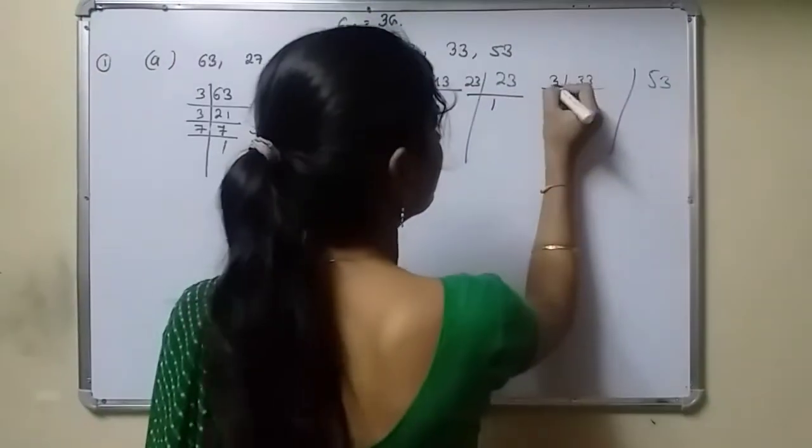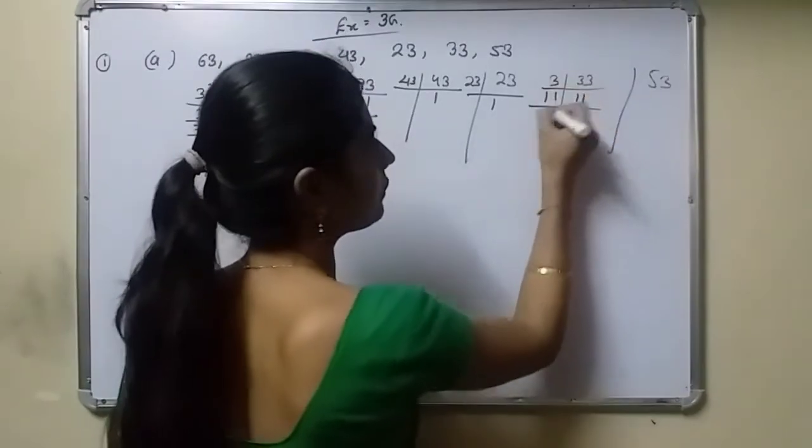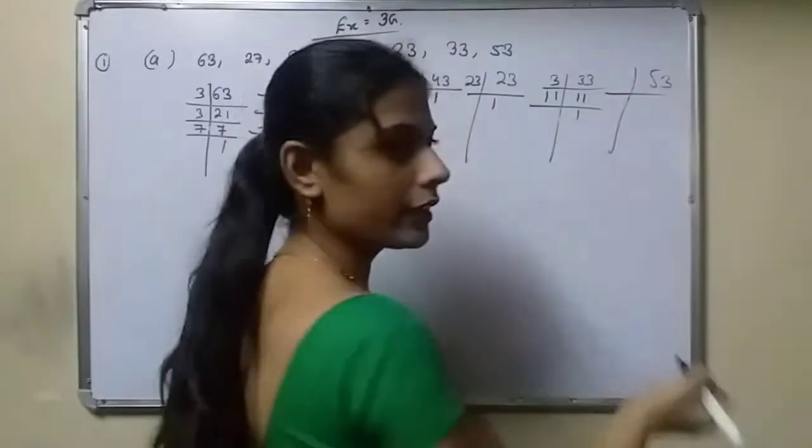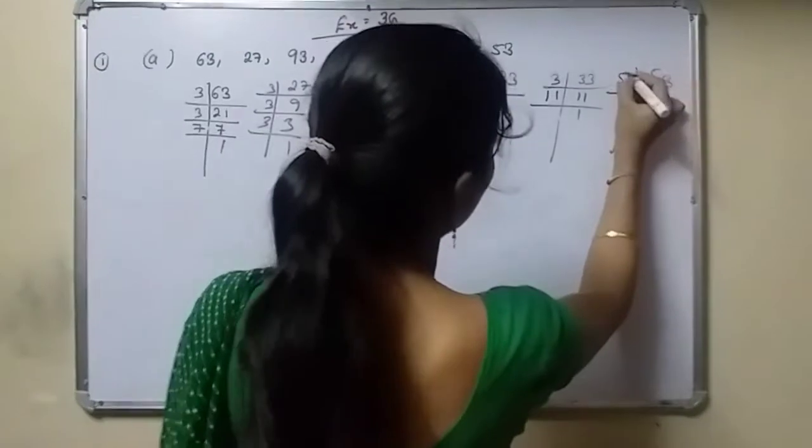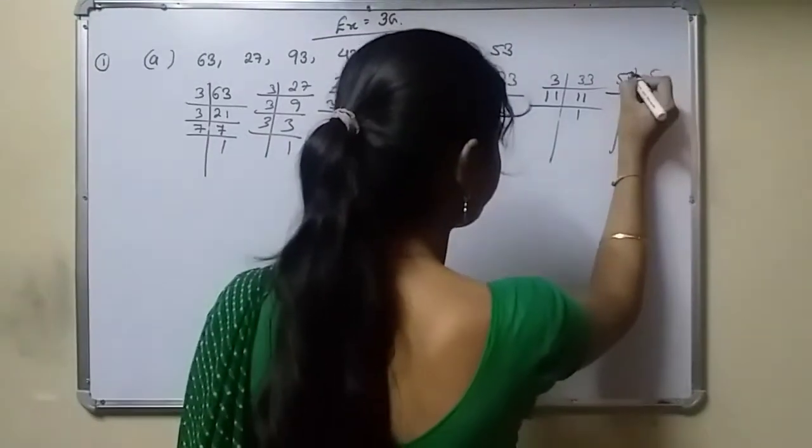For 33, 3 1s are 3, 11, 1. Here 53 is also not a factor of any number, so divide it by 53.